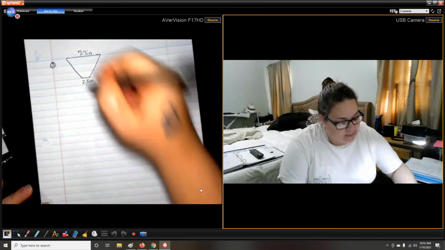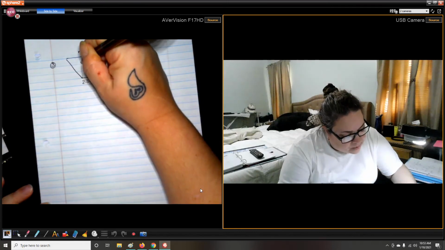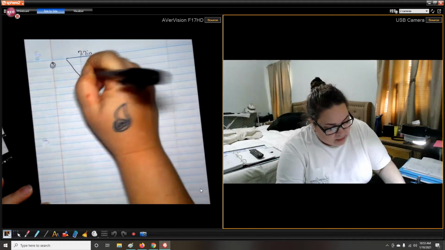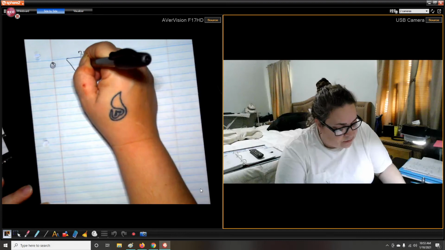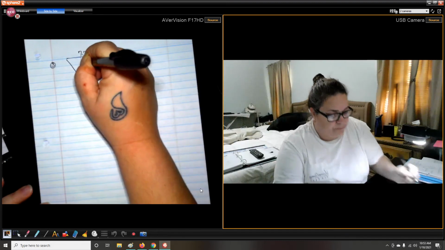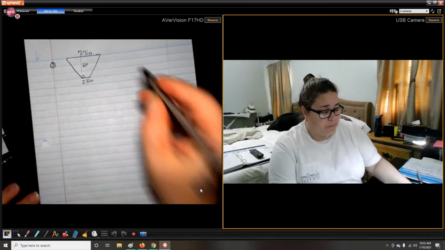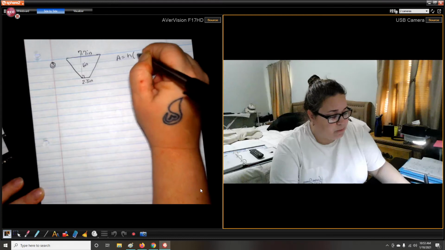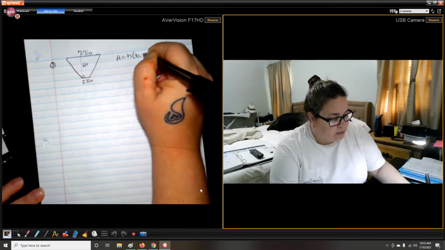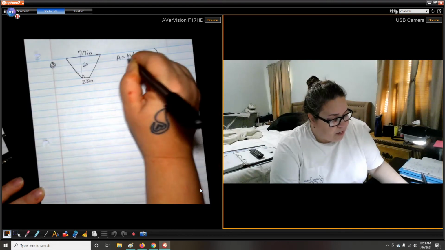And the height is from the top of the shape to the bottom of the shape. Height. And that is 6 inches. All right. Next, write your formula. Area equals height times base 1 plus base 2 divided by 2.